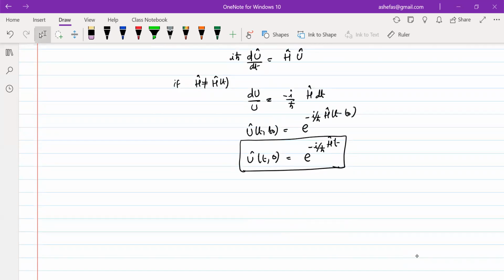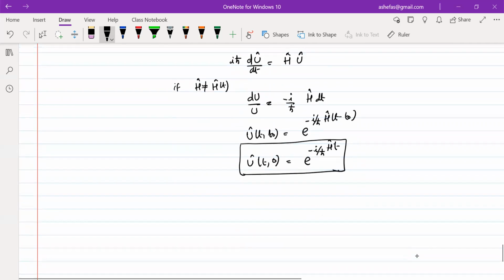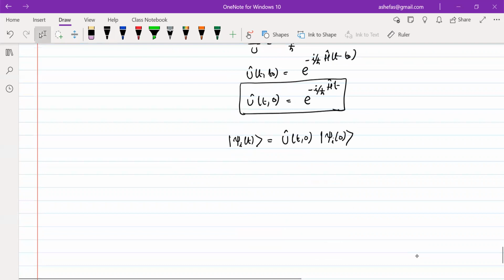Then we have represented the initial state as ket φ_i. What would be the state after some time t? The ψ_i(t) can be written as U(t, 0) ψ_i(0). What is U(t, 0)? It is e raised to minus i/ħ H t.